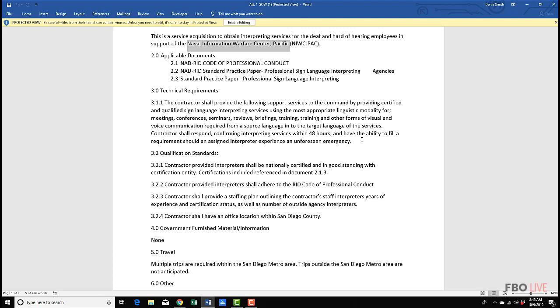And this is probably just for when there's, again, meetings, briefings, and trainings within the Naval Information Warfare Center Pacific base, agency, what have you. They're going to have these services available for them at that location under these pretenses. So you're going to need 48 hours.